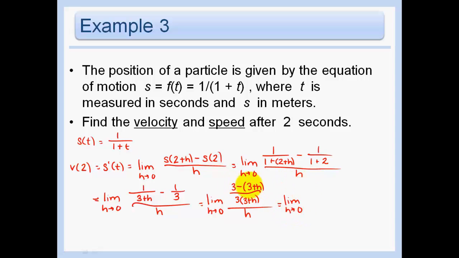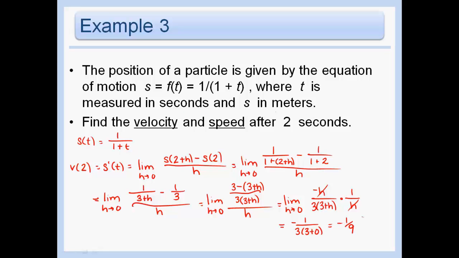3 minus 3 is 0, so I have minus h on the top. I'm just going to multiply by the reciprocal. Cross those out. Now I can apply direct substitution. I don't have a 0 in the denominator anymore. Negative 1 over 3 times 3 plus 0, which is just negative 1/9.